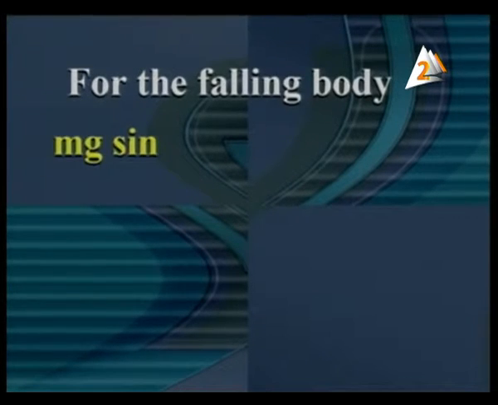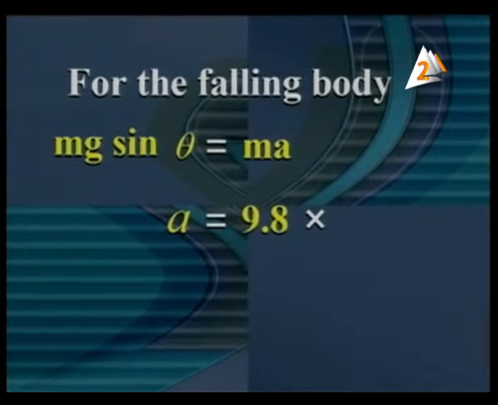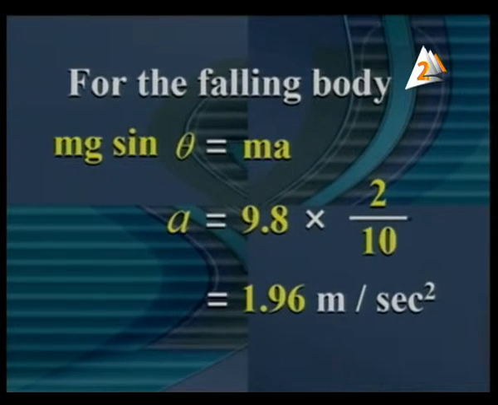For the falling body, mg sine theta equals ma. So after cancelling m from the left and right hand sides, we get a equals 9.8 times 2 over 10 equals 1.96 meters per second squared.